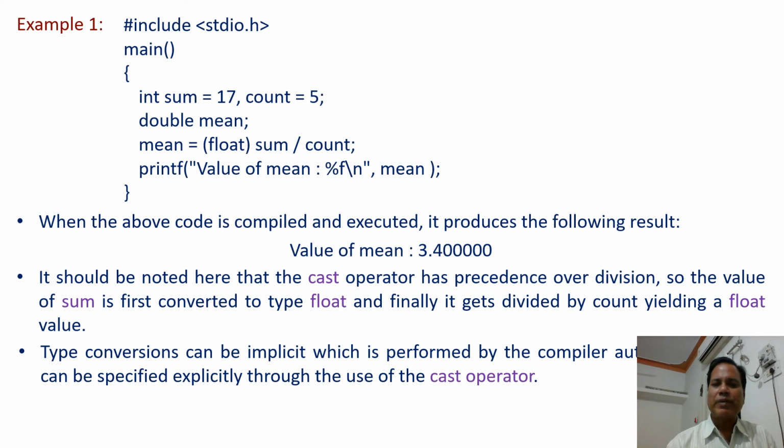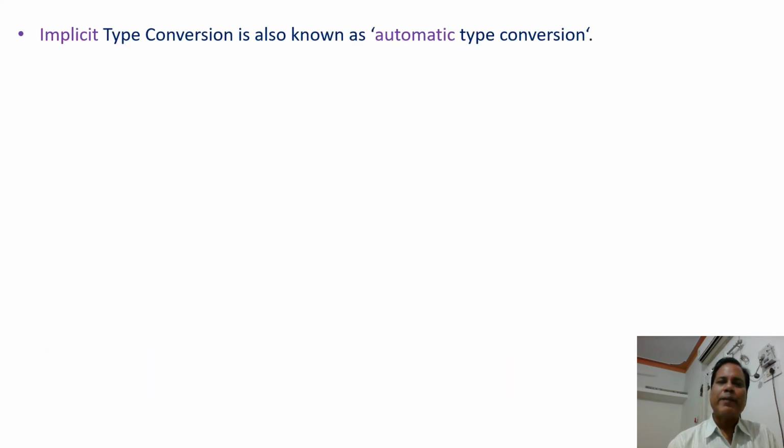Type conversions can be implicit, which is performed by the compiler automatically, and can be specified explicitly through the use of the cast operator. Some C compilers provide this feature implicitly, where integer data gets converted into float data, thus giving the expected result. Implicit type conversion is also known as automatic type conversion.